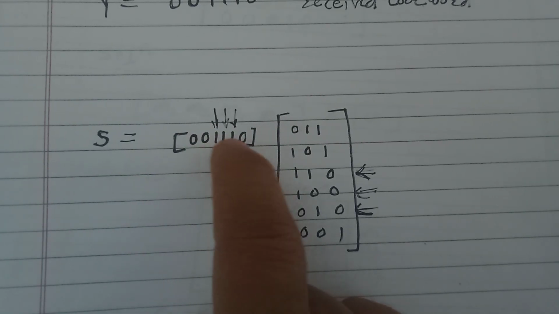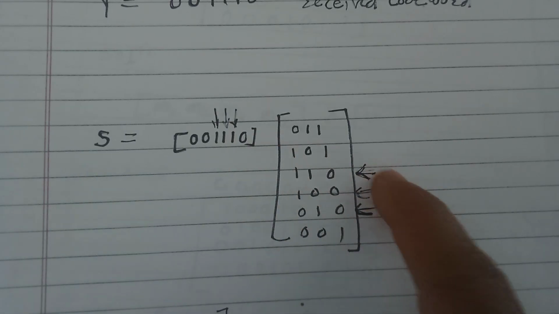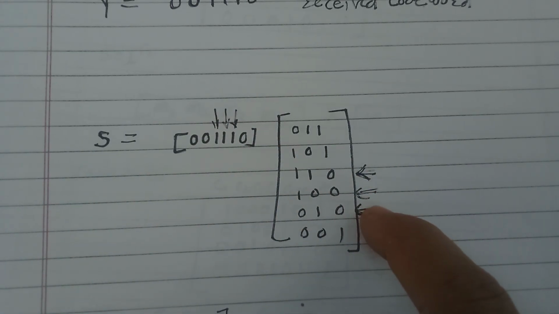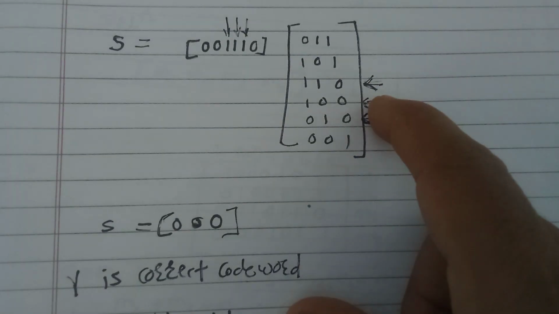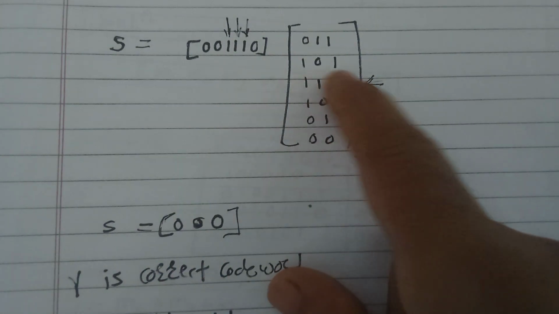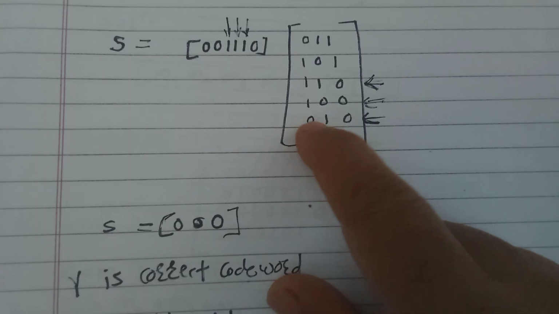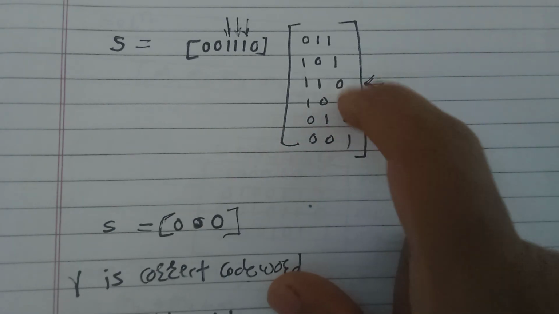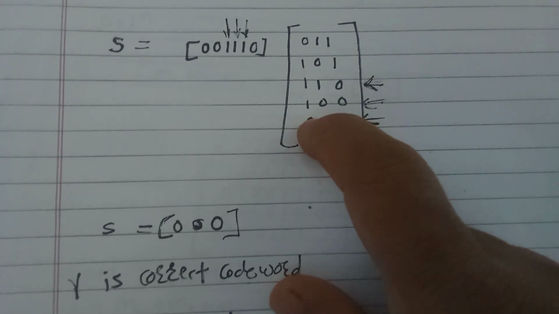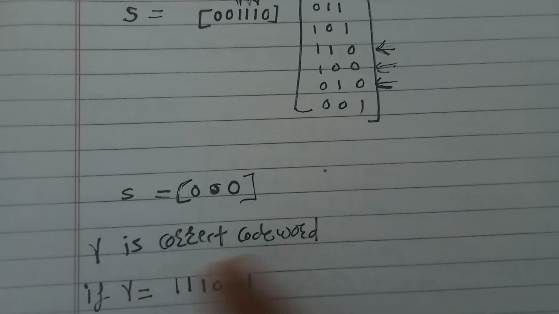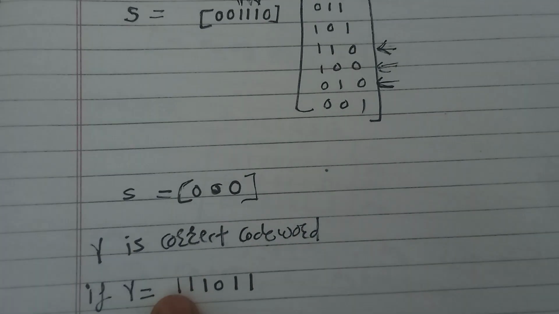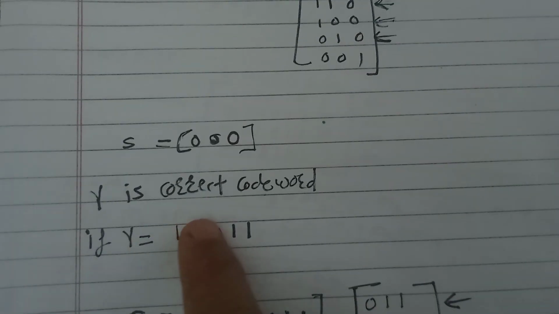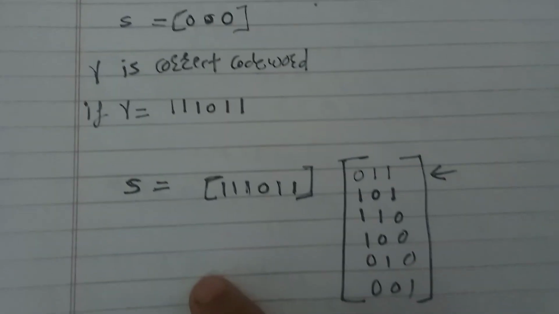At bits 3, 4 and 5 there are ones, which means you have to consider rows 3, 4 and 5 of H^T. Having labeled those rows, you add them: even 1s give 0, so the syndrome is 0. So y is a correct code word. They have given it as y, as a received code word, so we are labeling it as y.